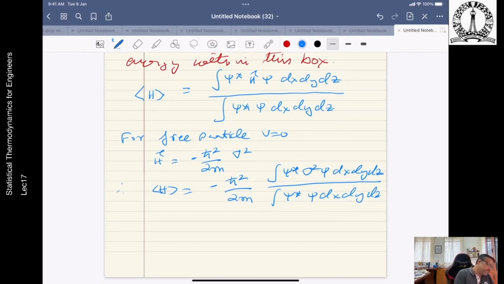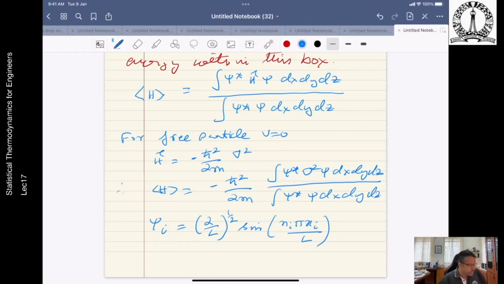If you look at the wave function psi, you already found this, given by the square root of 2 by L times sine of n pi x by L. This equation we already knew.